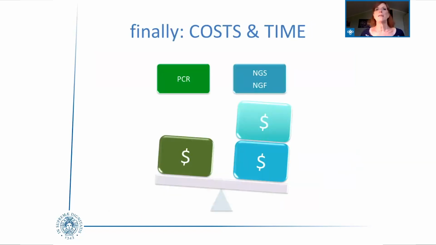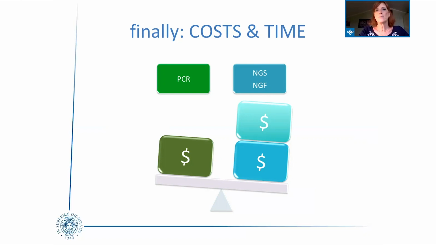And finally, the costs. Usually, we say that NGS is more expensive than PCR. It probably is, but you have to consider the time for ASO-PCR and the time of NGS. If you consider that for ASO-PCR the time is long and that NGS is an unsupervised method, I think that the costs are the same.